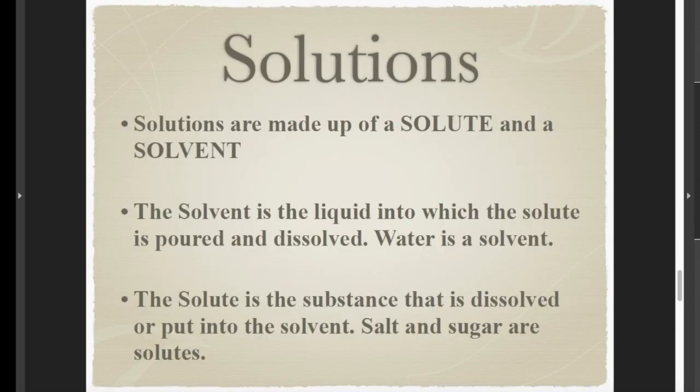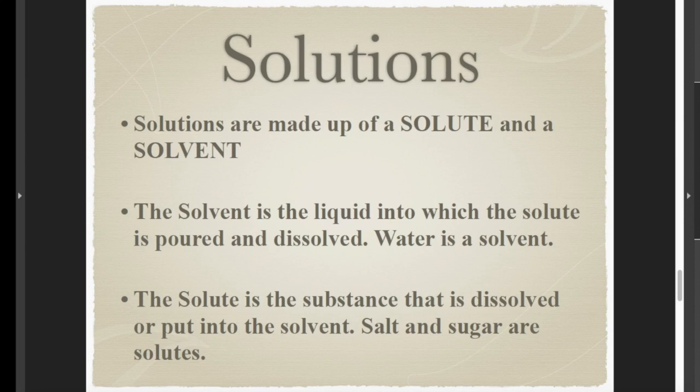Okay, there are three types of solutions. The word solution refers to salt or sugar, some sort of solid material, which is called a solute, being dissolved in a solvent. Now, the solvent is what does the dissolving, like water.